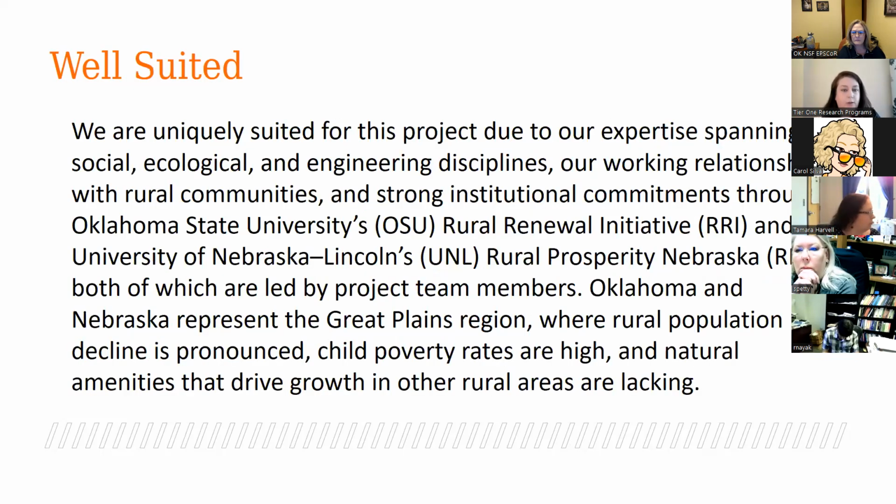And then finally, you will talk about why your team or you individually are well suited for this. So in this case, as you can see, we talked about the working relationships with rural communities, the various disciplines that were involved in the team, and how the communities that were chosen are well suited for the project, the child poverty rates, the natural amenities, all the aspects that we need.